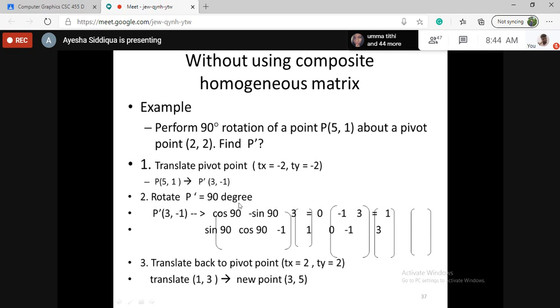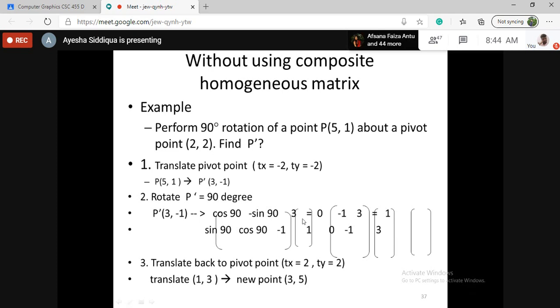See here, this is the rotation matrix, and we will get this value, 1 and 3. You just do this math, then only you will understand, because there is some gap in writing in this slide.